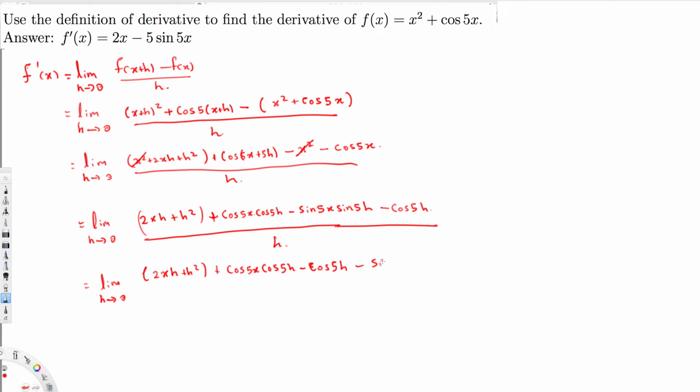Now we can separate this into three parts.